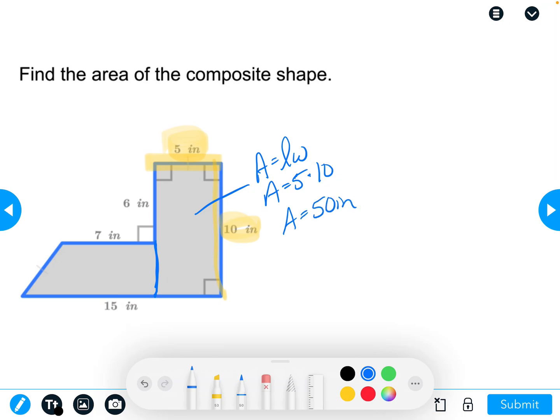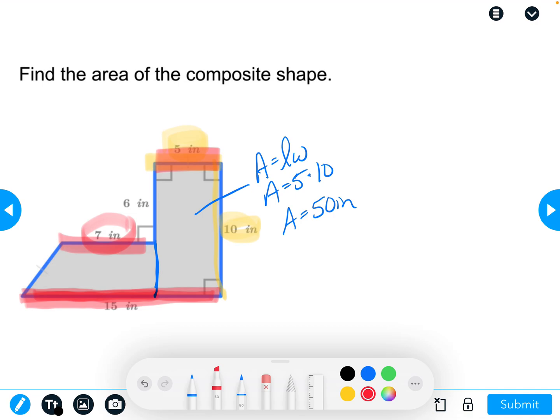And then the trapezoid is definitely a little more complicated. So the bases, here's a base and here's a base. We know one's definitely 7. The other one's not 15 because 15 is the entire length across here. So we have to look at all the sides that are parallel. So the entire distance is 15. Up top, that's 5.